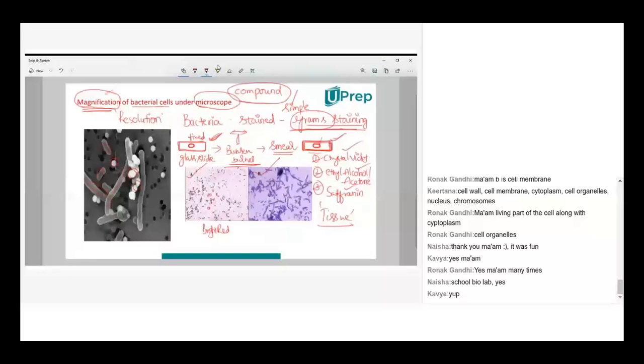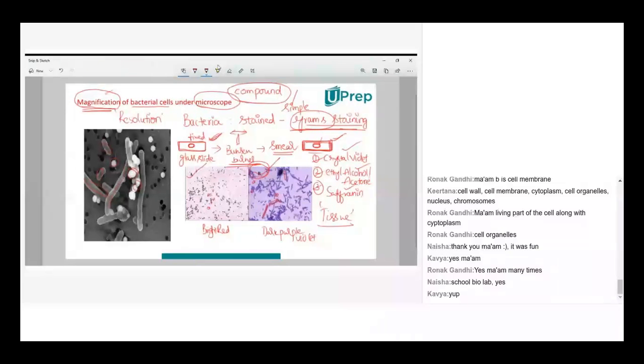You may get this observation under the microscope, or you may get this observation, the slide B I'm showing. So they are dark purple violet, isn't it? The color difference you can observe. Here also you can observe rod-shaped bacteria numerously, and some circular bacteria.